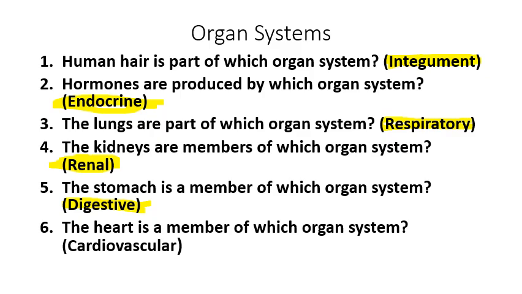So a hepatocyte is a liver cell. There's a vein called the hepatic portal vein, a vein that leads into the liver. So we'll learn about that. Okay, so the heart, of course, is a member of the cardiovascular system. Okay, you can go on to lecture part 2 now.